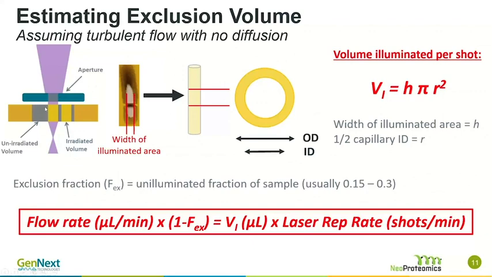So as long as you use this aperture, you know what this irradiated area is going to be, and so you don't need to recalculate your volume illuminated per shot. You always know that the width is going to be the width of your aperture. And so that's why the aperture is really helpful. It allows you to adjust your laser fluence without having to recalculate the volume illuminated per shot each time, and without having to adjust your flow rate or your laser repetition rate to keep a constant exclusion fraction.